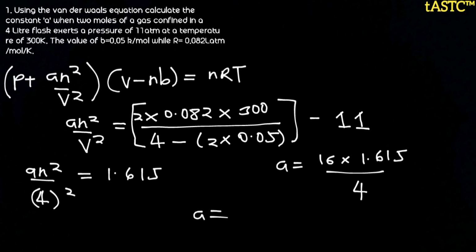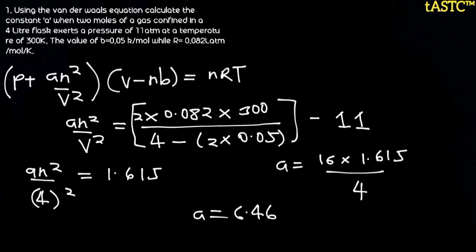So let us find out what that is going to give. That is 16 multiplied by 1.615, and that is divided by 4. So this will give us 6.46. That is the value.